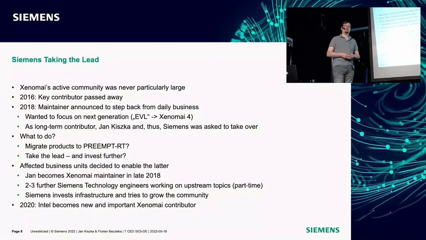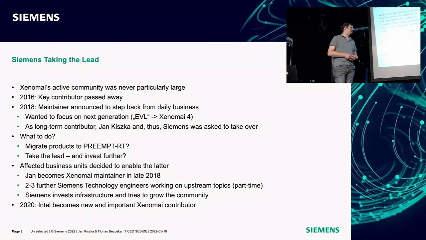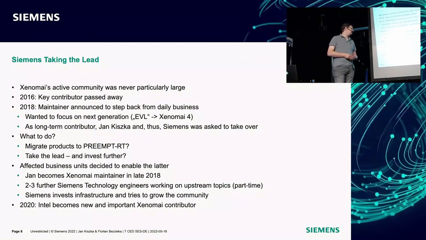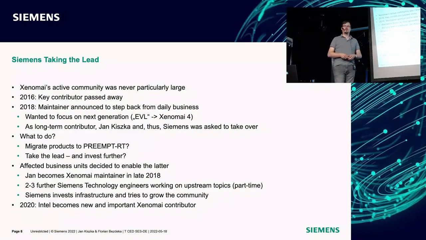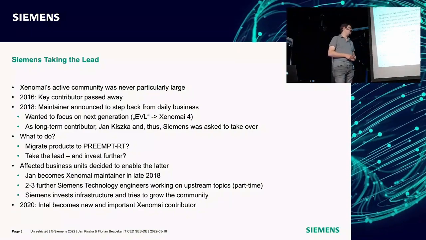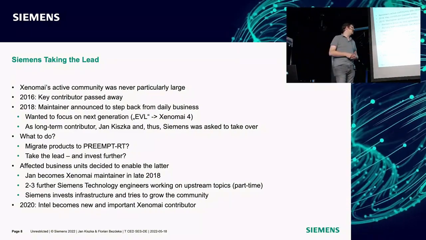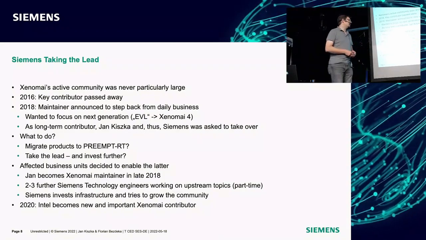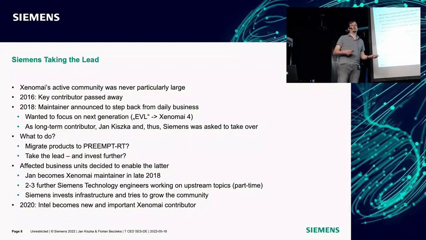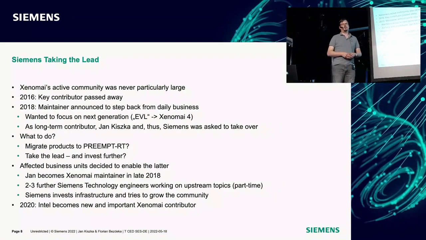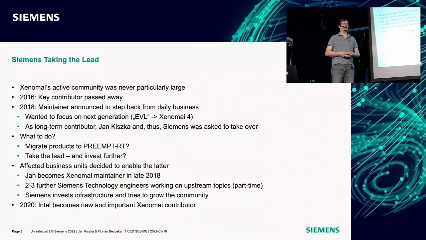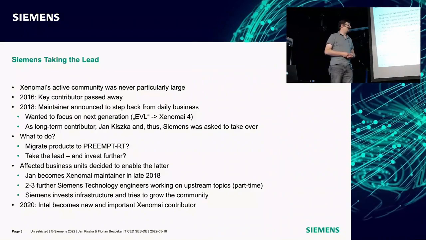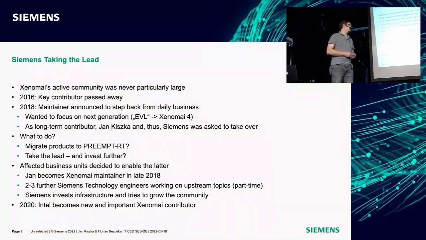In 2020, a coincidence happened: Intel joined the project. A coincidence, because they came with a new group of users from the Chinese market, but they also came to us as being a supplier to Siemens and noticing that Siemens is using Xenomai. So they joined the project and they are still with the project, and we are happy to see new contributors here and also to see new power in the project.